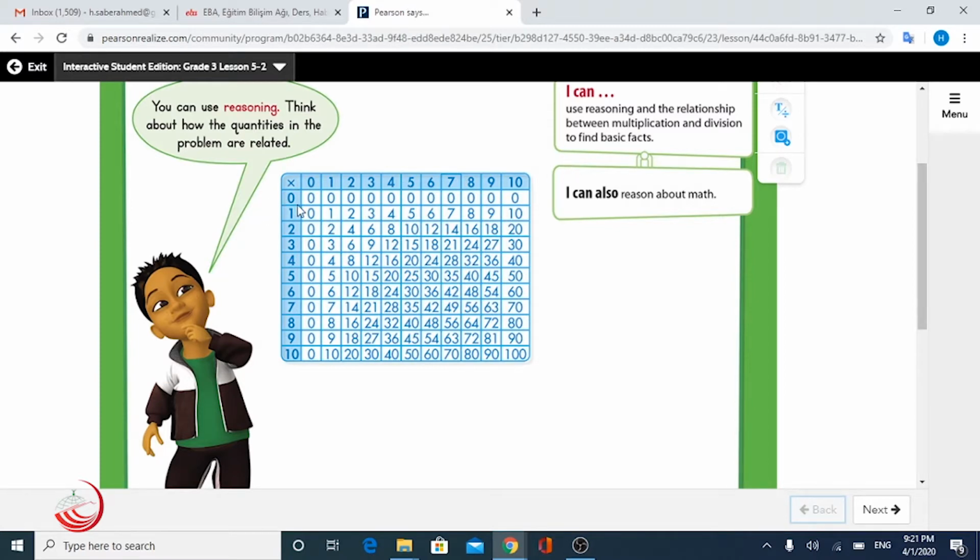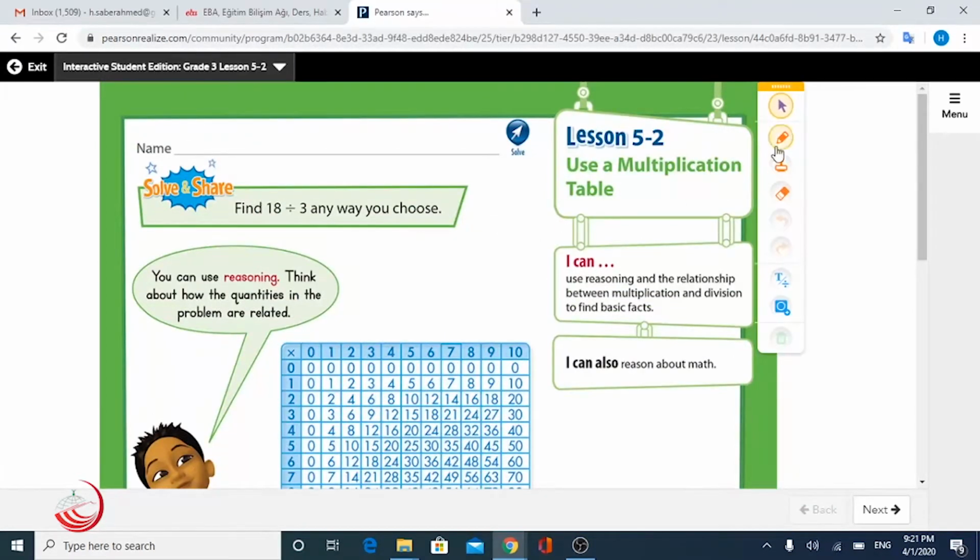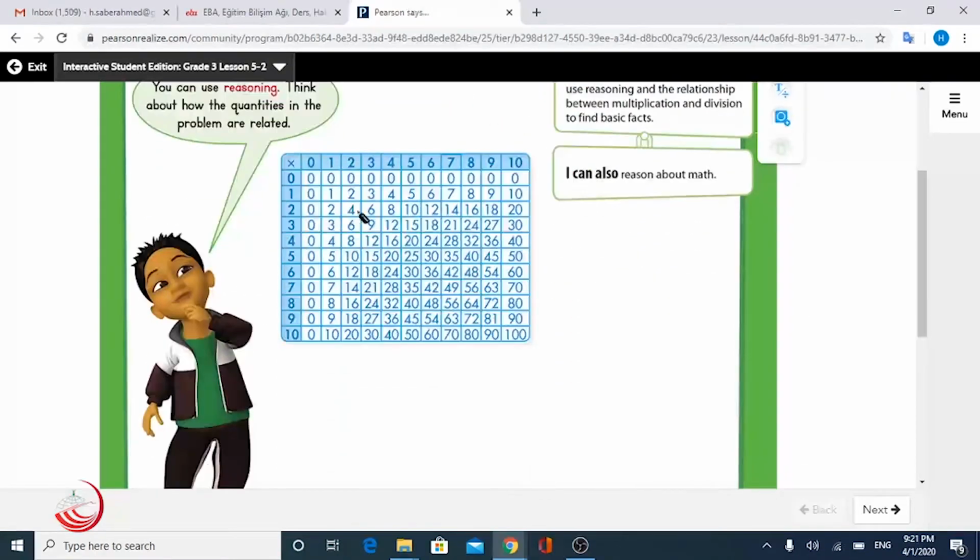So how do I know that this is a multiplication table? Because it has the cross symbol, which is here. This symbol tells me that it is a multiplication table. So all the numbers here are factors. F for factors.